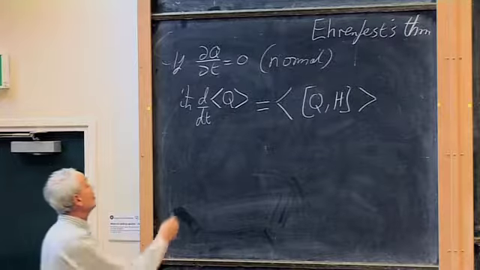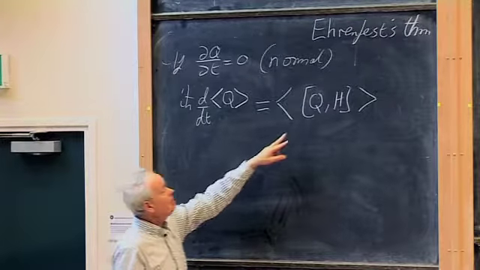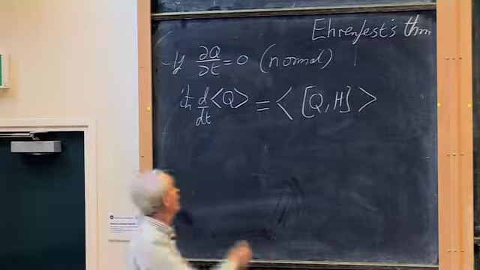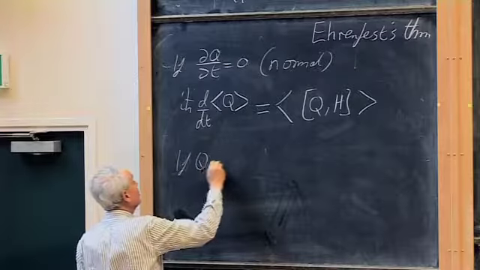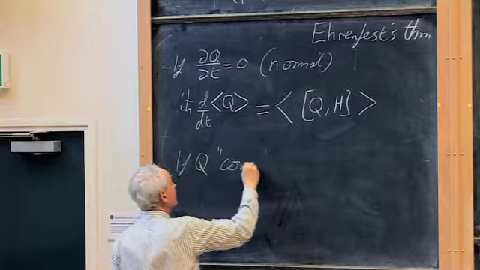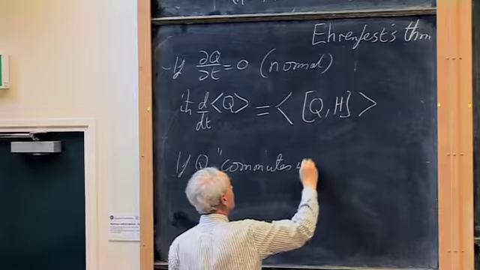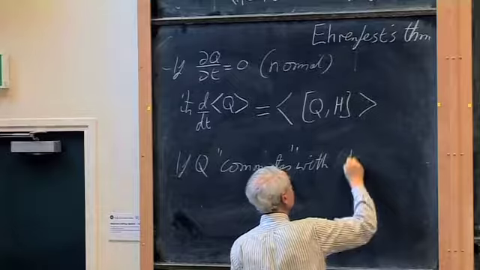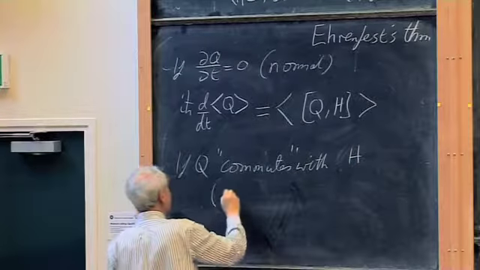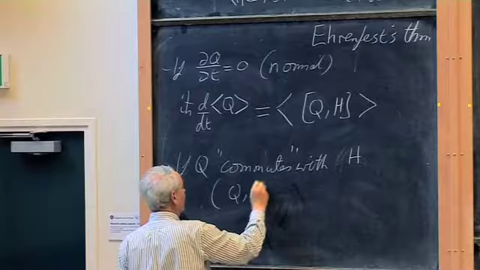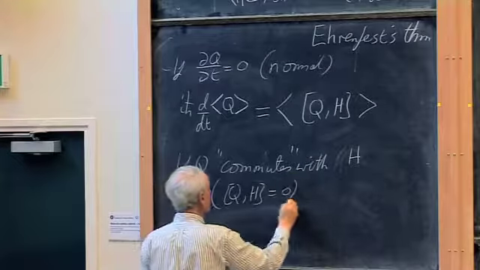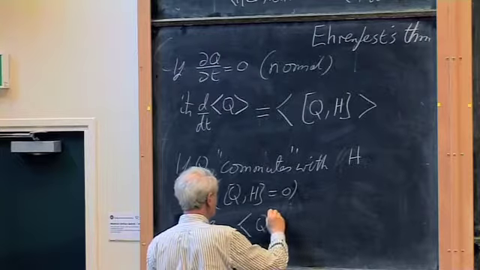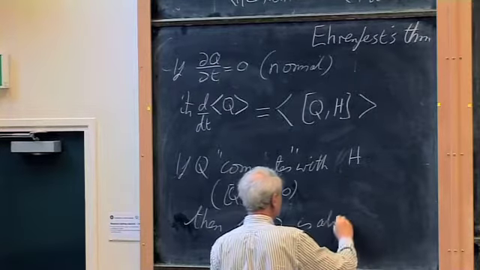Okay, what does that tell us? It tells us immediately that if an observable Q commutes with H, that being the same thing as [Q, H] equals naught, then clearly the expectation value of Q is always constant.